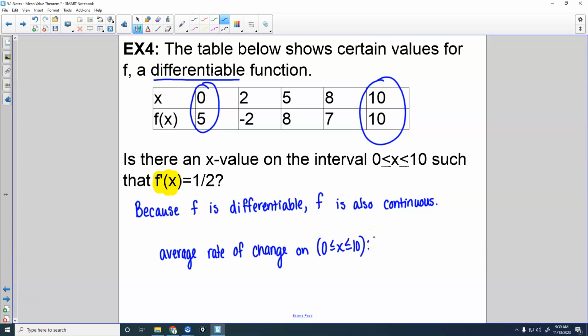Now, to do this, we just have to do slope formula. So you got the point here, this is the point (0, 5), and this is the point (10, 10). So you're going to do 10 minus 5 over 10 minus 0, and that is going to give you 5 over 10, which equals 1/2.